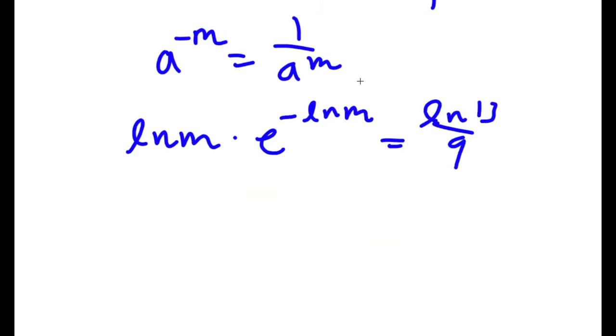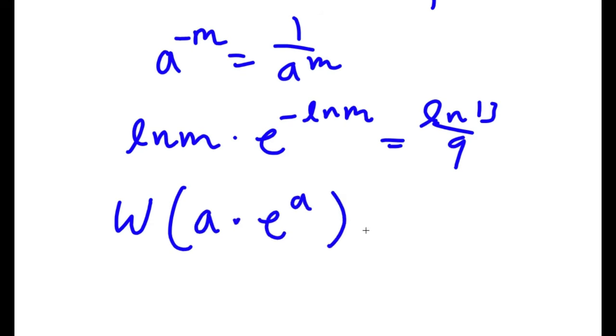Now to solve this, what I'm going to use is the Lambert W function. What the Lambert W function states is that if I take the W of a times e to the power of a, this is simply equal to a.